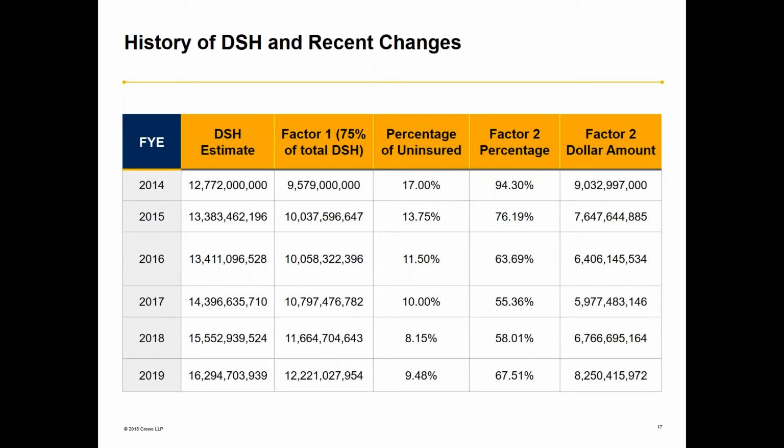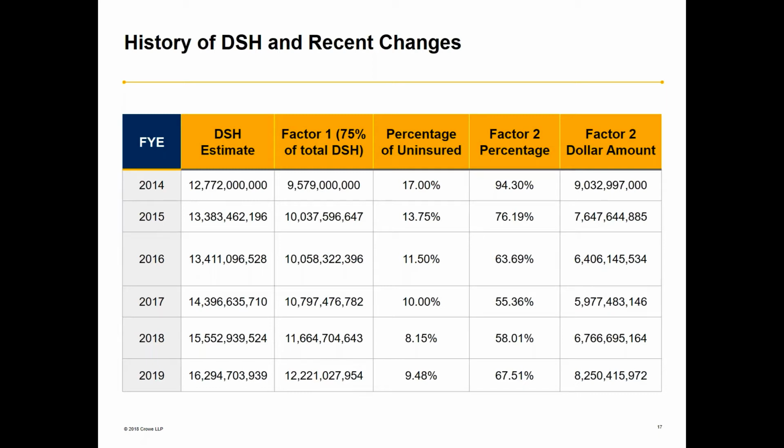by that column 3 over there, our pool that we've got there. So in 2019, that pool is over $12 billion, multiplied by this 67.51%. That gives us the dollar amount that is redistributed back to the hospitals, and in 2019, that amount is $8.2 billion.